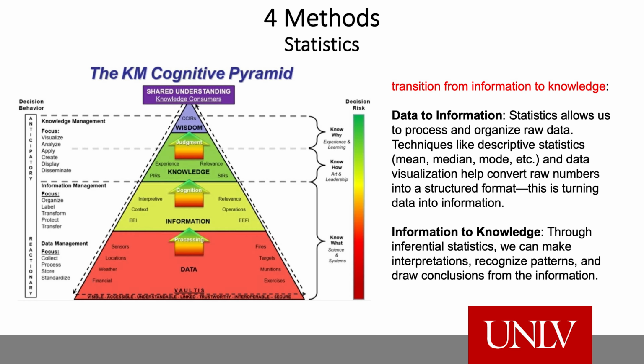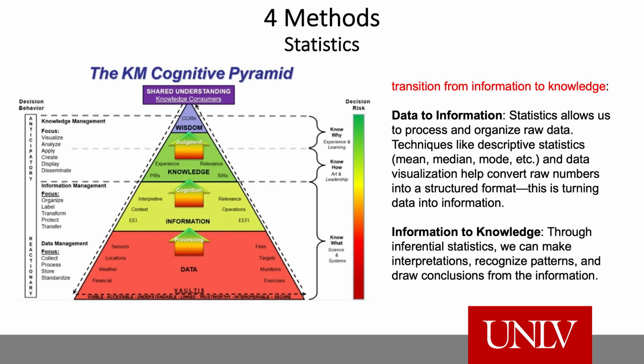Within the DIKW framework, statistics plays a key role in moving from data to information and then from information to knowledge. When we convert raw data into information, descriptive statistics help us summarize, organize, and visualize data so it becomes interpretable. As we move further toward knowledge, inferential statistics becomes essential.